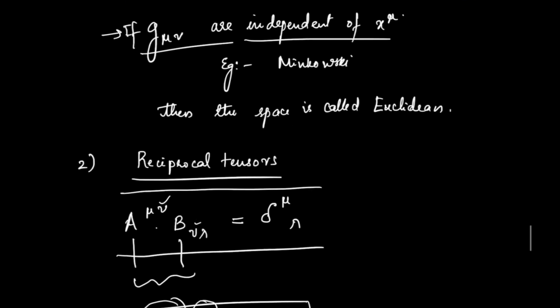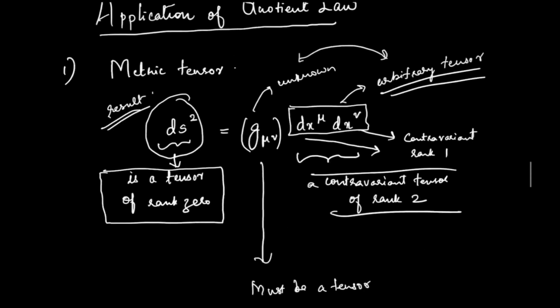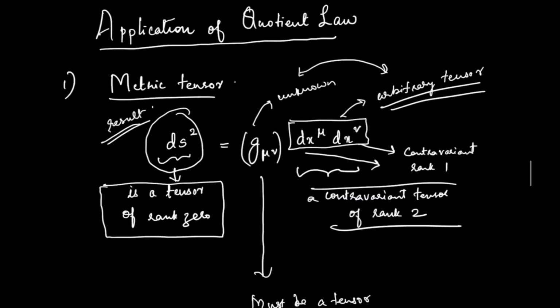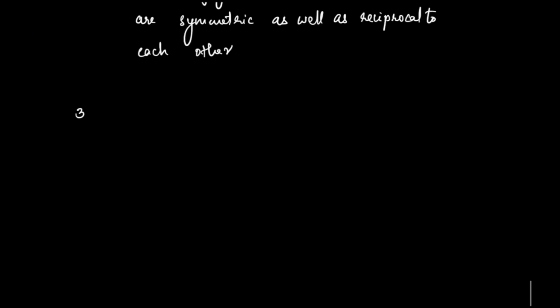Okay, so this is the second application, reciprocal tensors. First application was metric tensor. Now we go to the third application, raising and lowering operation.